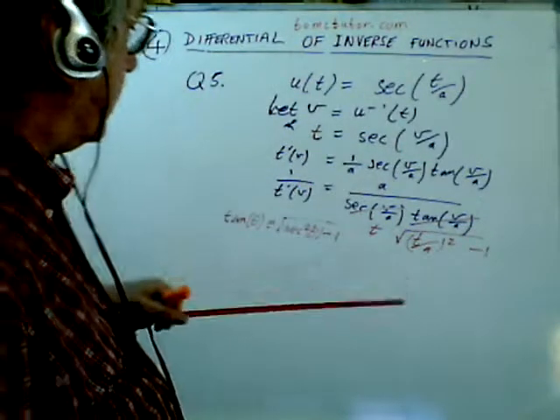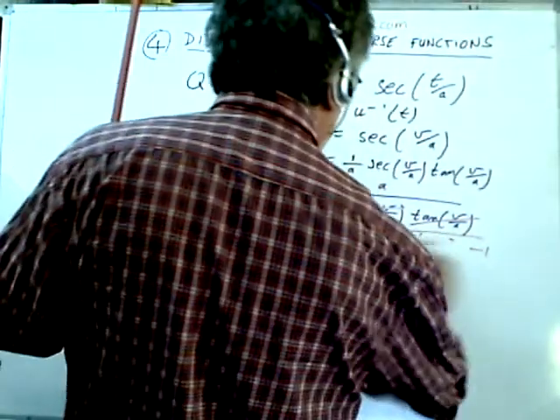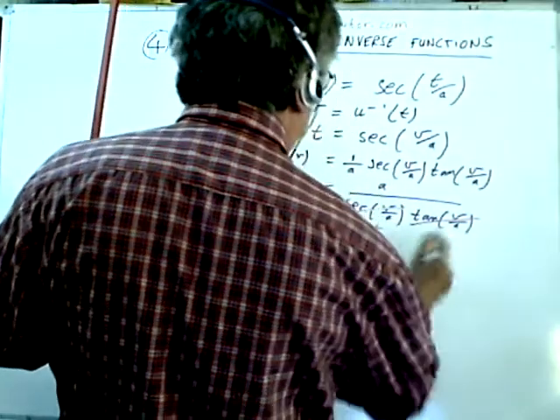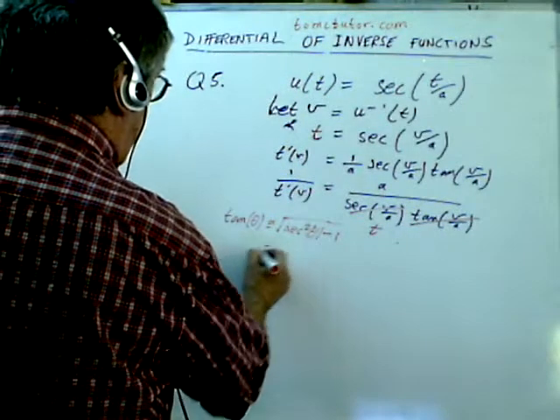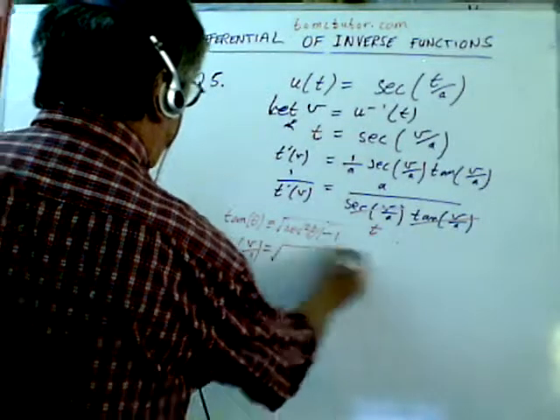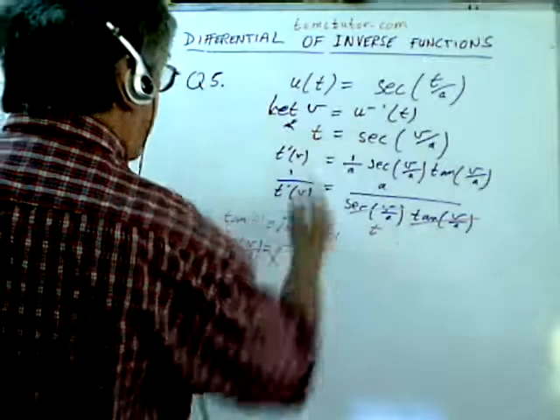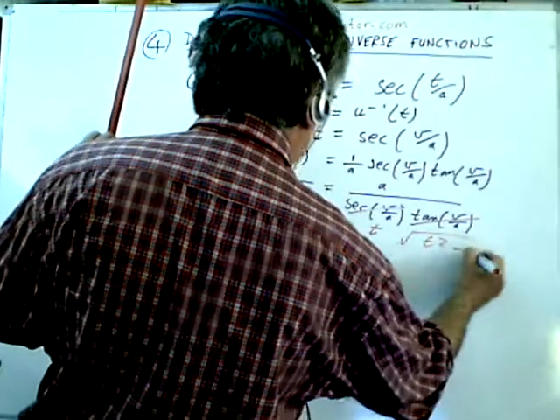Wait a minute, I think I've got that wrong. Sorry, my apologies. I'll go back. The tangent of v over a is just simply the square root of the secant squared of v over a minus 1, and the secant of v over a is t, so it's the square root of t squared minus 1.